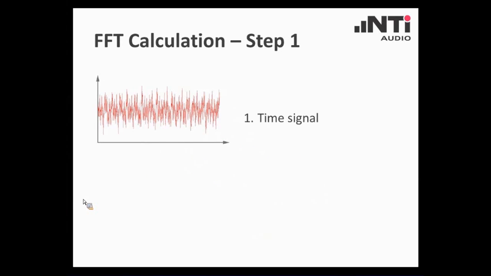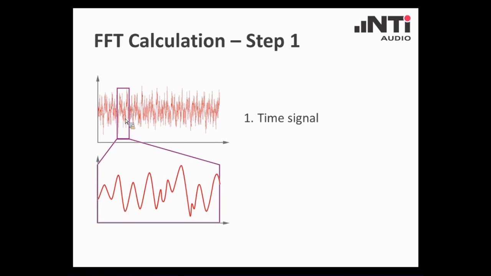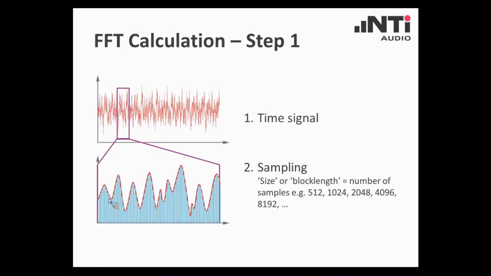How does it happen actually? The first step is you take the time signal and you cut out a certain piece of it. So this is the capture window. And this part of the time signal in this window will be sampled, it will be digitized, and here comes the first key parameter into play, the block length or the size of the FFT.